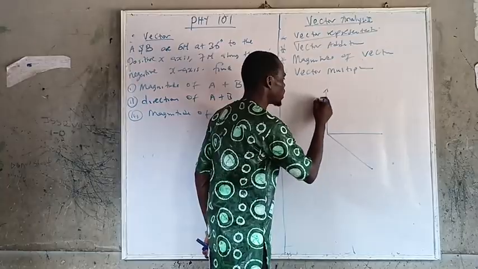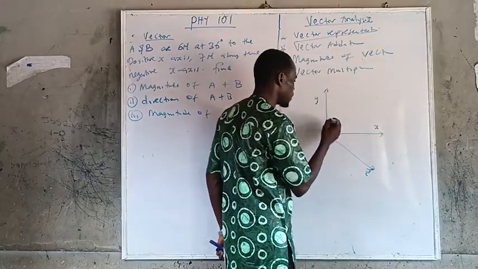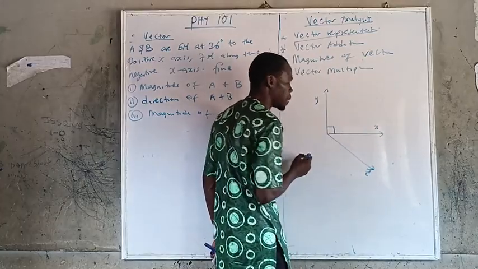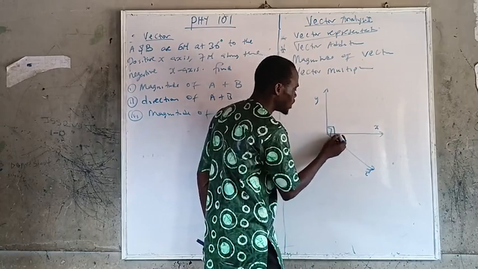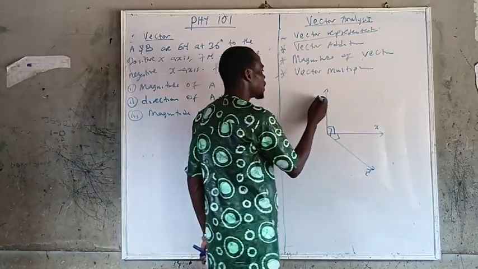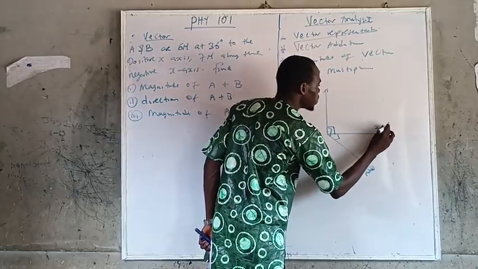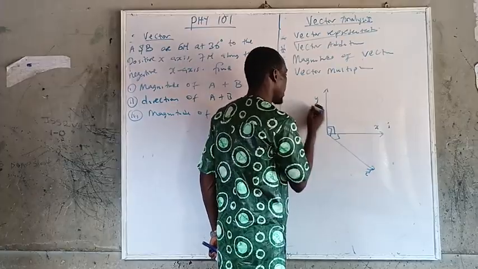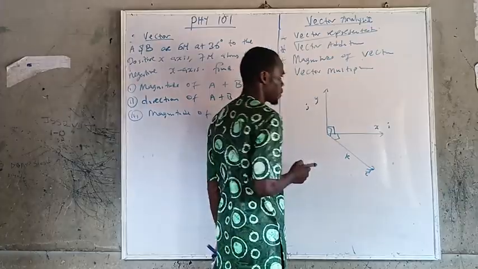Assuming this is your y component, this is the x component, and this is the z component. Here, y is perpendicular to x, and z is also perpendicular to x. The representation of the x component is i, for y it is j, and for z it is k.